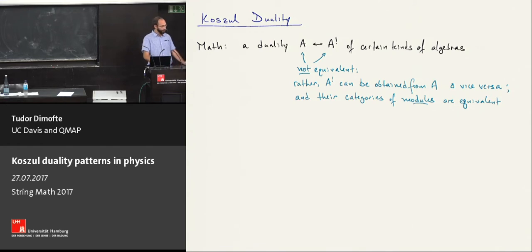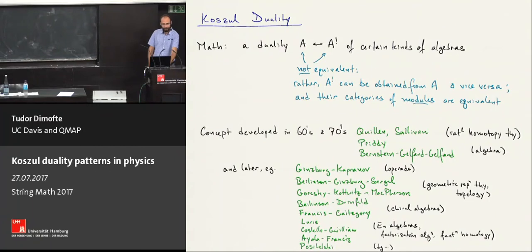The algebras themselves are not equivalent, but they have many similar properties. In particular, what I'll be using today are examples where the categories of modules for A and the dual algebra, A shriek, are suitably equivalent.